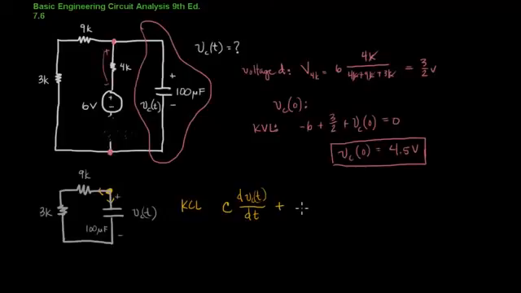I'm going to pull the resistance out. Remember, it's V over R, so I'll say 1 over R, and 9 plus 3 is 12, times VC(t). That's a KCL equation, so it equals 0.